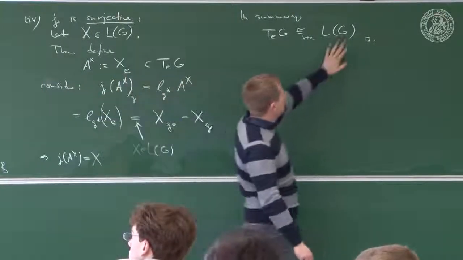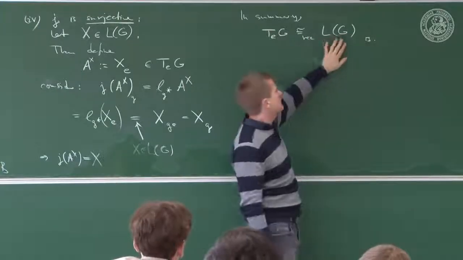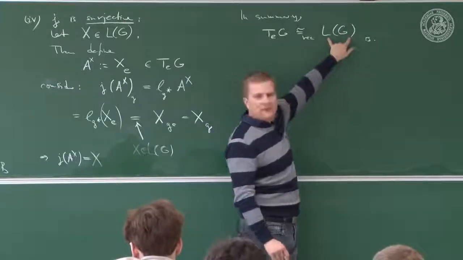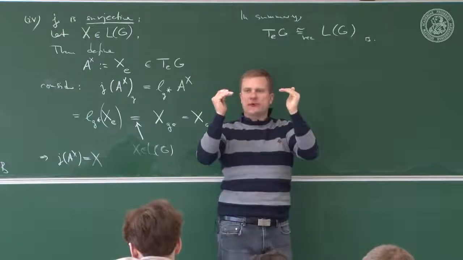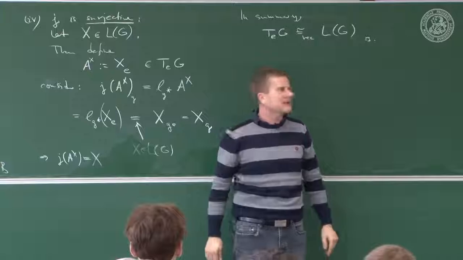However, this LG had this nice additional structure. So this is as a vector space. But we know LG was a Lie algebra if you equip it with the commutator bracket of vector fields. You have left invariant vector fields, you can take their commutator.